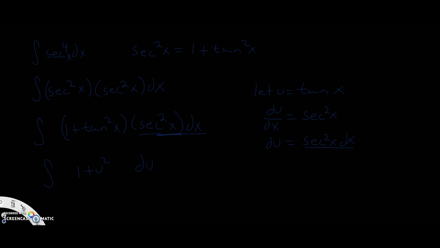Now the antiderivative of 1 is u, because it's with respect to u, plus u to the third over 3 plus c. So now u is tangent, so tangent x plus tangent to the third x over 3 plus c. And if you do the derivative of this, it will equal secant to the fourth x.